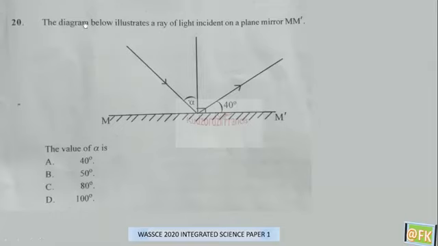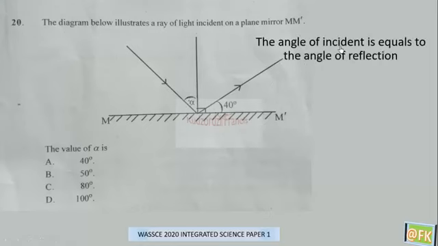Question 20. The diagram illustrates a ray of light incident on a plane mirror MM prime. So this is the plane mirror. We are to calculate the value of alpha, this angle. One of the laws of reflection states that the angle of incidence is equal to the angle of reflection, meaning this angle here is the same as this angle here.